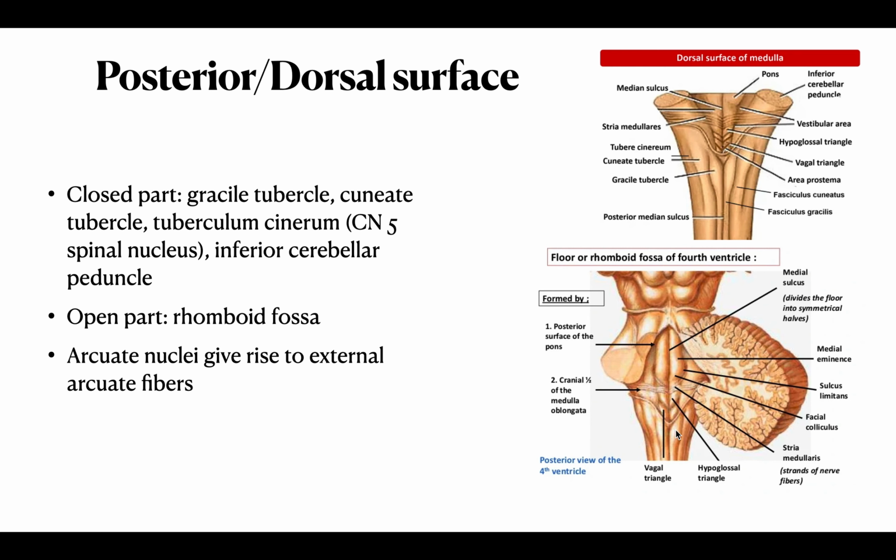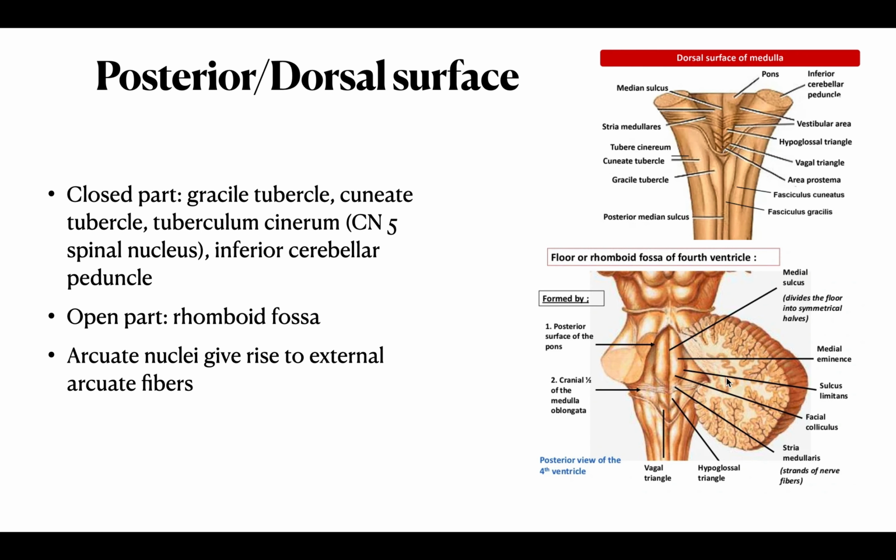So on the posterior surface, so it's hidden behind the cerebellum. So imagine the cerebellum being cut away. It's right below the mammillary bodies, these two. This is going to be superior, this is inferior. And the closed part of the medulla is going to be made out of the gracile tubercle right here, the tuberculum cinereum, or the trigeminal spinal nucleus, so it's right here, and the inferior cerebellar peduncle.